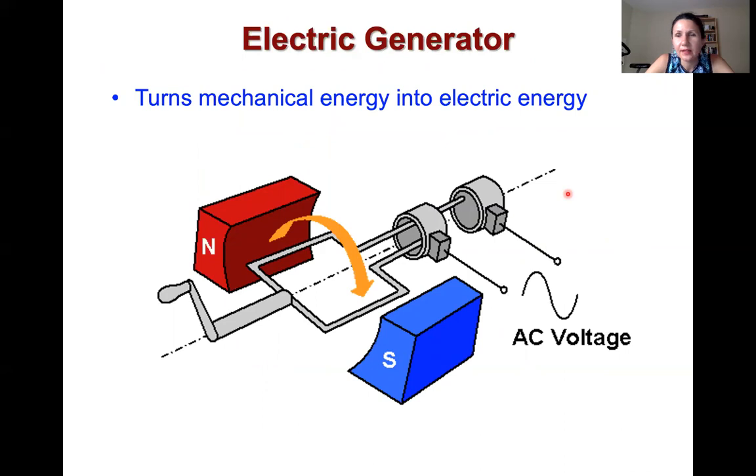One I want to point out, and again, it would have been a cool demo in the lecture, is an electric generator. If you've ever wondered how mechanical energy can produce electricity, like wind power, where something is rotating, or water power, where water hits something that rotates, it's mechanical energy, and somehow it's an electric generator.